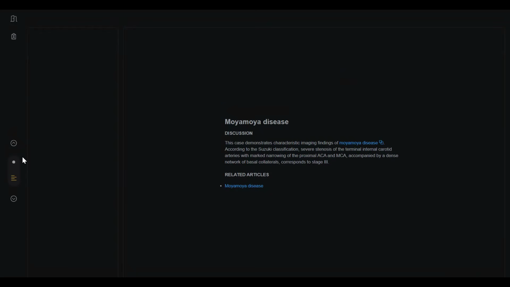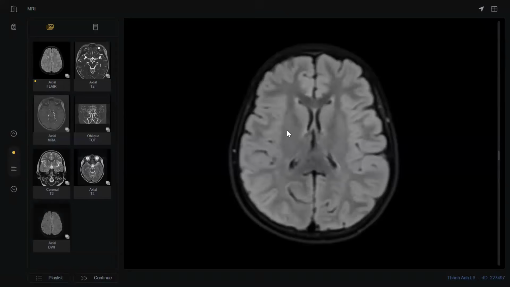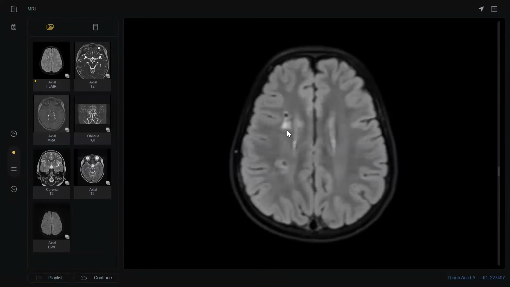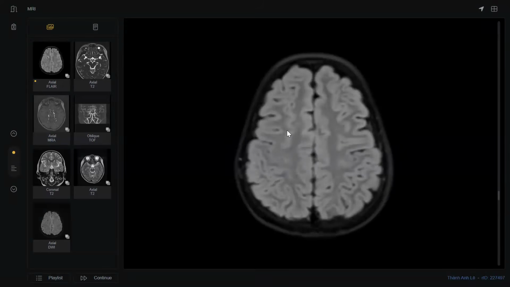If this were a 20-year-old patient and you find this one, two, three, multiple white matter ischemic-like foci, you must think about vasculitis. Somebody will ask me, should Moya Moya be included in vasculitis? No, it's another entity.